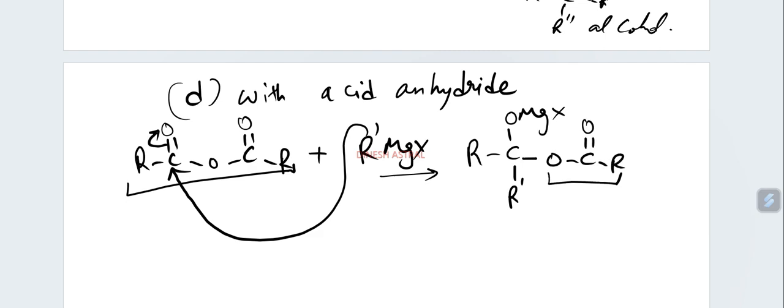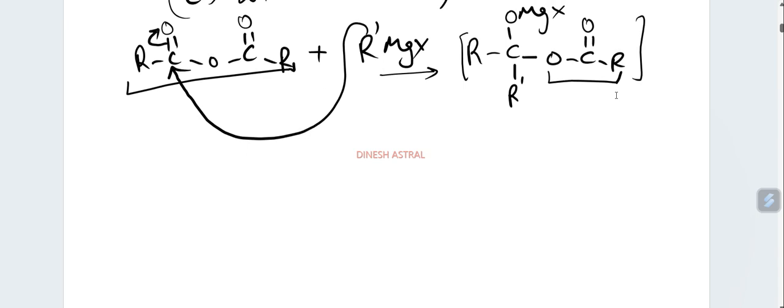This one is a bulky group. Now here, please focus here. Now in this molecule, what exactly will happen? Look here. This bond will shift here, and this bond will leave the molecule.